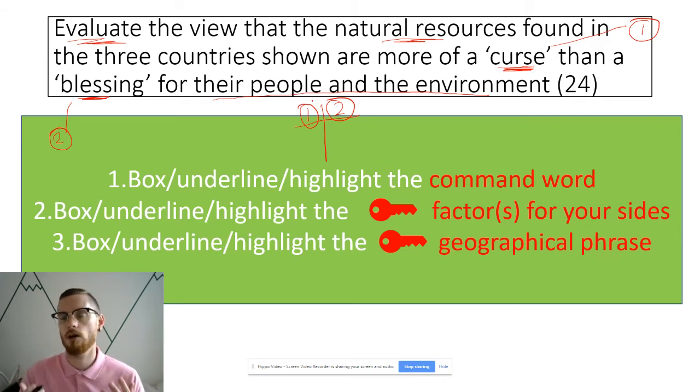So we need to link the points we make in our argument, on both sides, back to the phrase natural resources and back to the phrase people in the environment. Back in the first walkthrough for paper 3, I went through the structure for this evaluate question. Go back and watch that if needed, but the different points and paragraphs you make must refer to those geographical phrases.